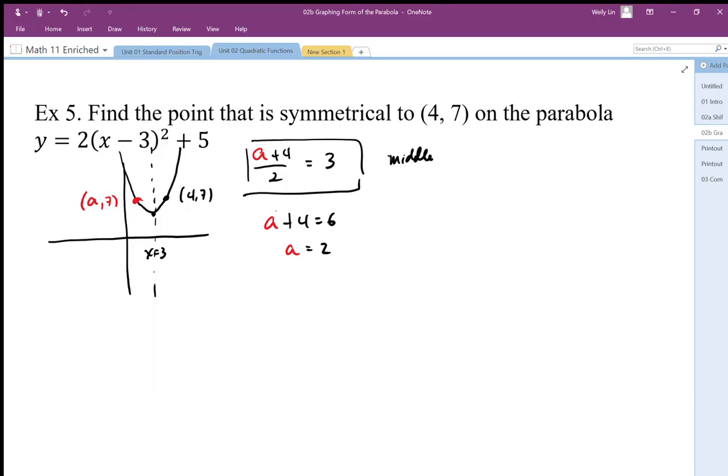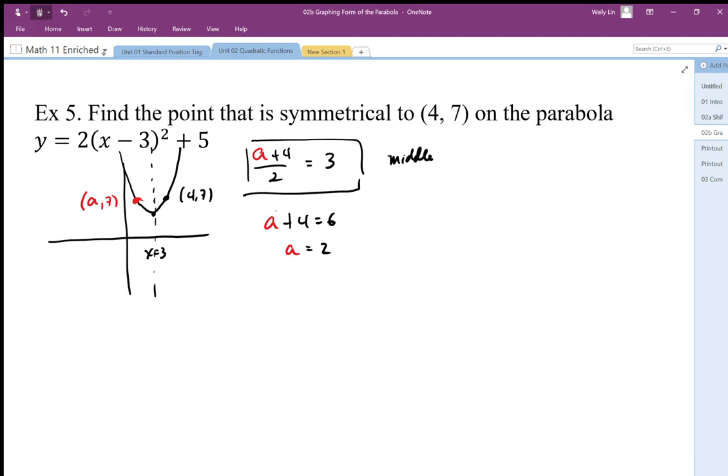It's really important to understand the mathematical principles behind this idea of symmetry. And so this is a nice, simple way to use that relationship, but we have to recognize that relationship first. So I want you to be able to connect this idea of middle, the average formula, to the idea of middle algebraically.